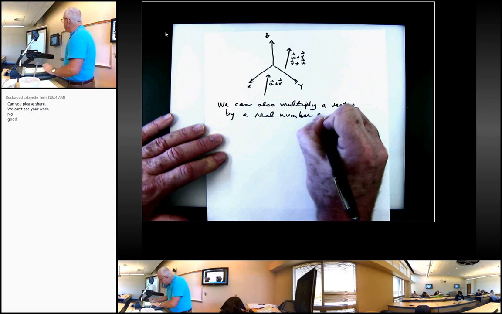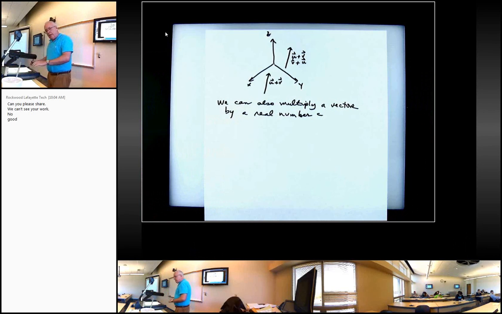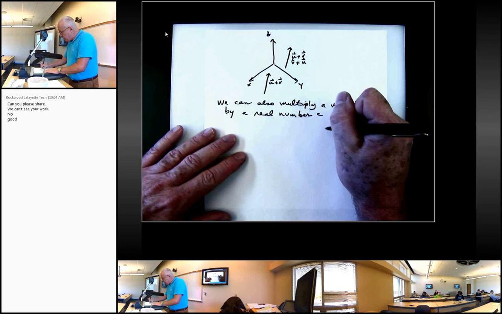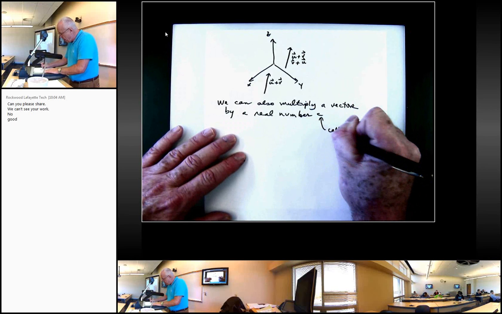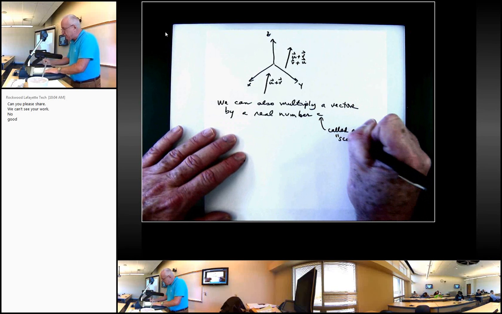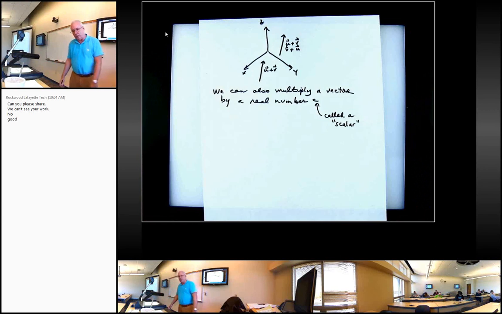Let's call the real number small c, and again, this can be called a scalar. So become accustomed to that terminology also.